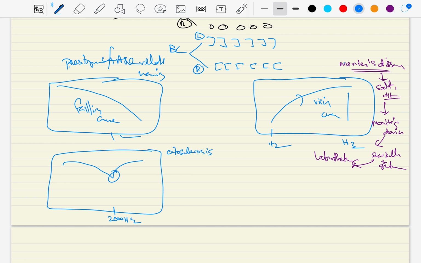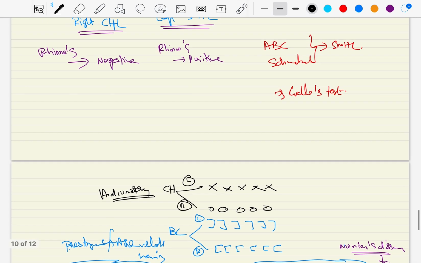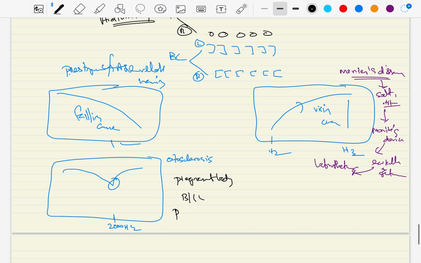The buzzwords here are a pregnant patient, pregnant lady, okay, bilateral hearing loss, and there is a condition where they can hear more in noisy conditions. Okay, in noisy conditions they can hear very well.